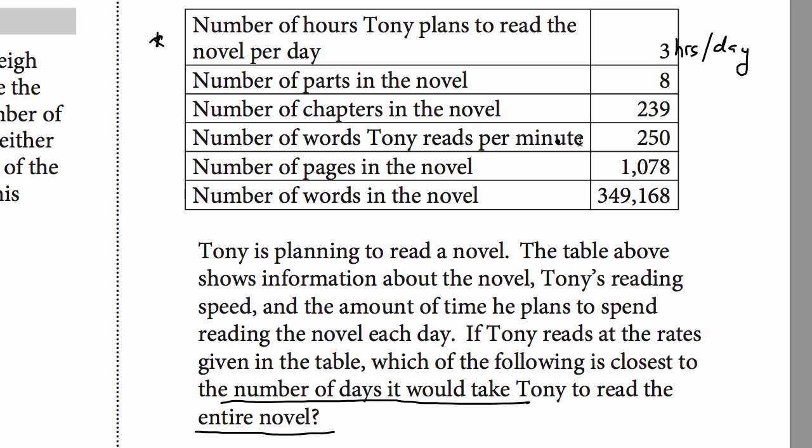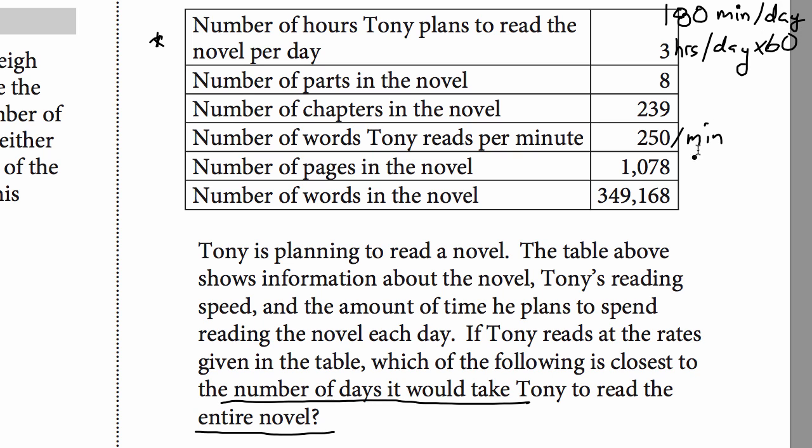And he reads 250 words a minute. Well, that's useful information. So let's convert this. 3 hours a day is how many minutes in a day? Wouldn't you just multiply by 60, right? So we'll just times this by 60. And that's going to give us 180 minutes per day. That's what he's going to do.